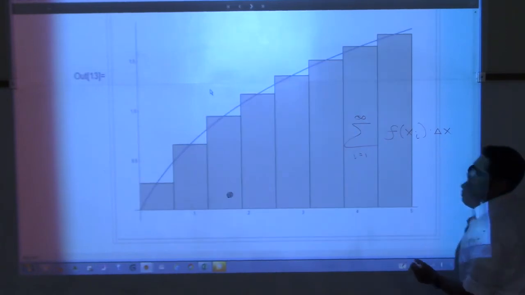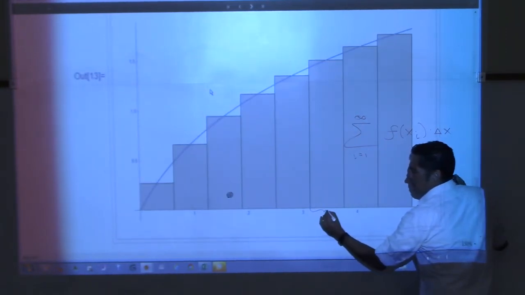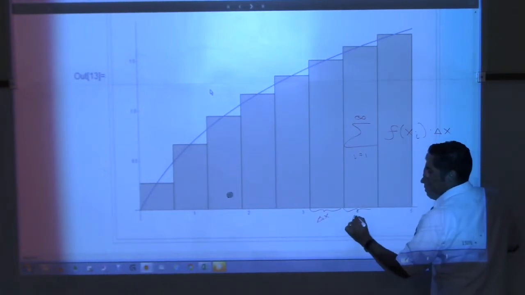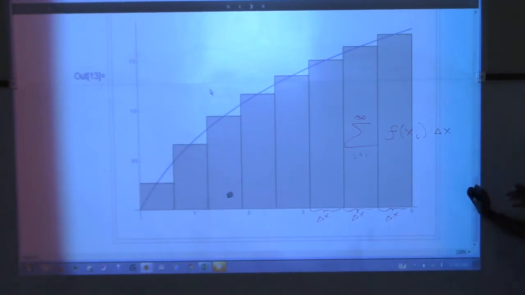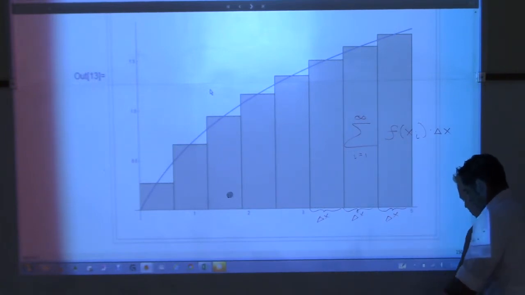Okay, go with wider rectangles so it's easier to see. If we say that this right here is delta x, they're all the same. All these rectangles have the same width, right? Delta x, delta x, delta x. And then the height, let's just take one of these. I'll just pick a special one. I'll do it in blue.